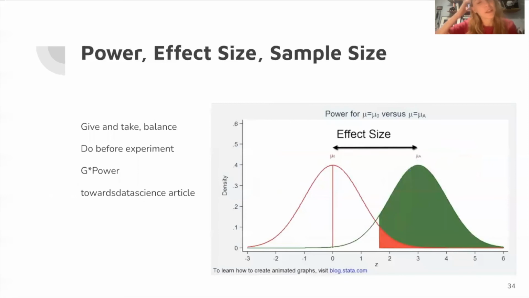And speaking of that, balancing power and effects: if you suspect a really big effect size, you don't need as big of a sample size to have the same amount of power. But if you don't expect a huge effect, you have to get a lot more people or samples to have a sufficient amount of power for your results to be somewhat meaningful, but then you have resources to consider. So it's always a give and take. But if it's possible, it really should be done before the experiment.